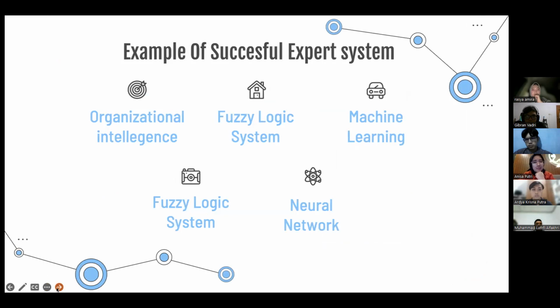The next slide is about examples of successful expert systems. First, we have organizational intelligence, case-based reasoning. In case-based reasoning, descriptions of past experience of human specialists, represented as cases, are documented and stored in a database for later retrieval when the user encounters a new case with similar parameters.